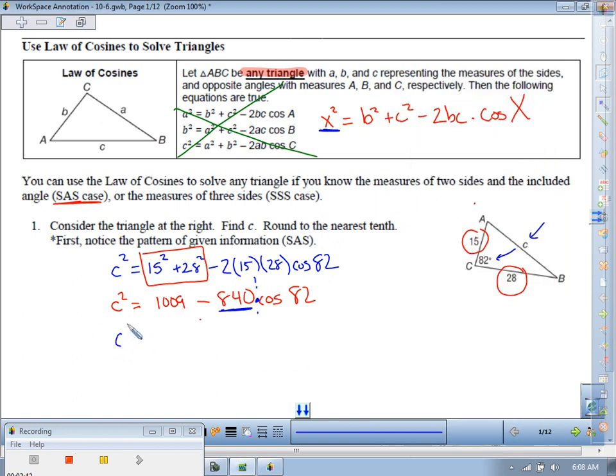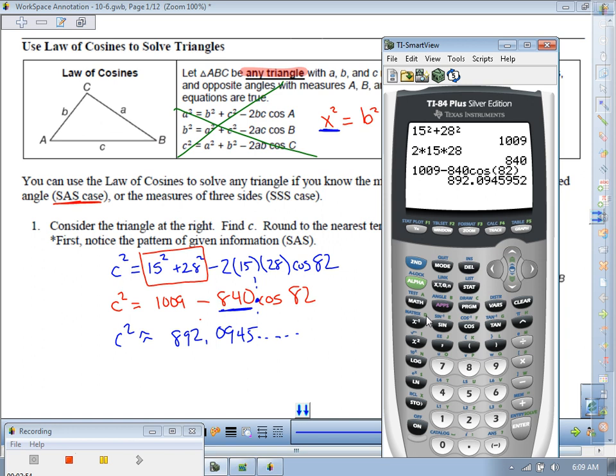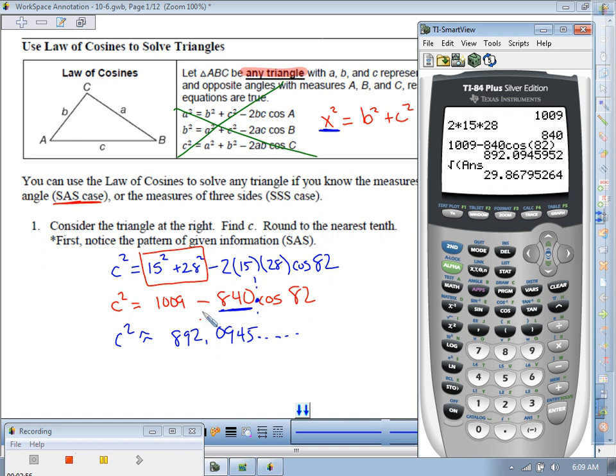That c squared is about 892.0945, and so on. Realize I'm not rounding that off because that's what c squared is. What I need to do is square root that answer, and that's what c is approximately. They tell me to round to the nearest tenth, so I'll do that. It's about 29.9.